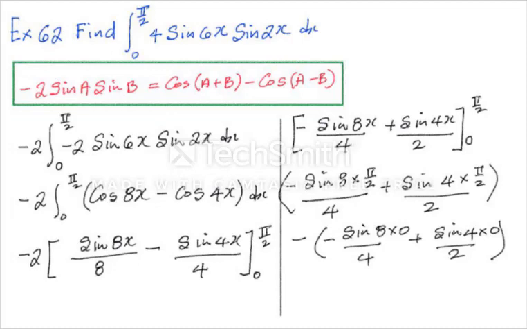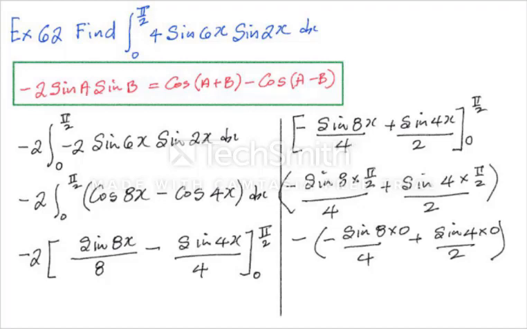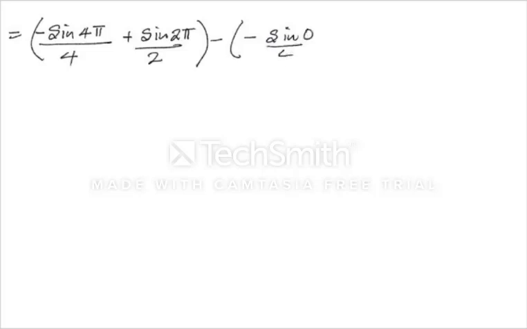This is going to come down to, so I'm going to have equal, and then I'm going to have minus sine of 4 pi over 4 plus sine 2 pi over 2, minus the sine of 0 over 4 plus the sine again of 0 over 2.